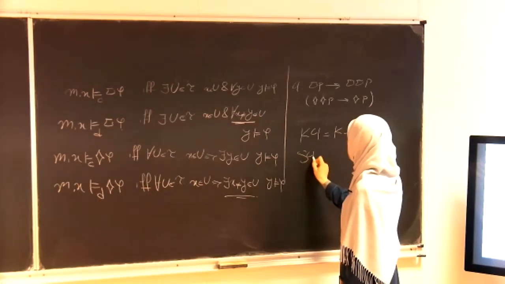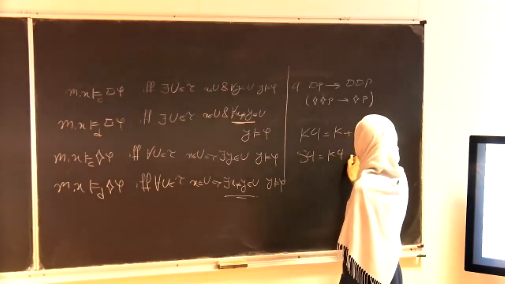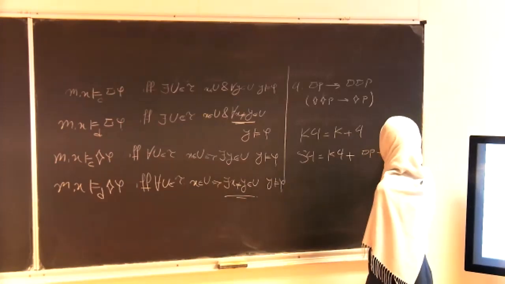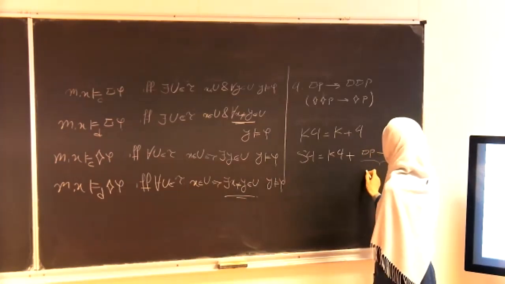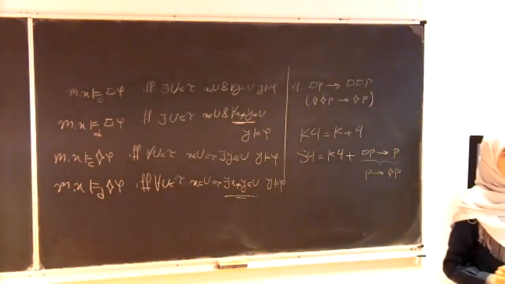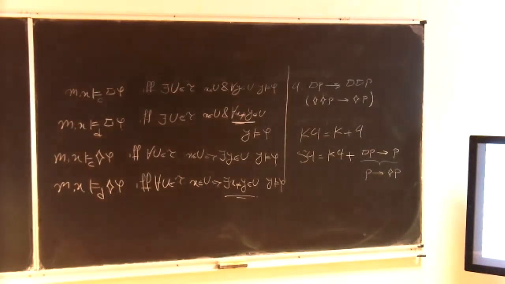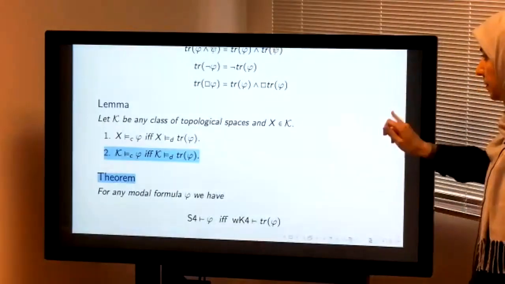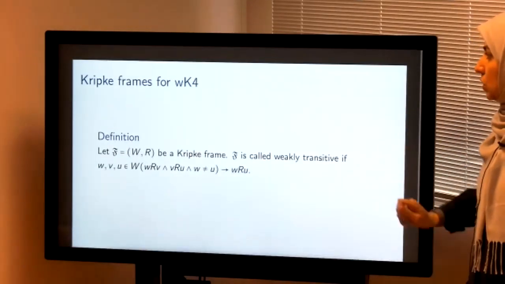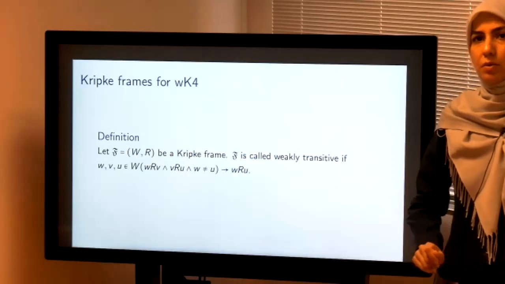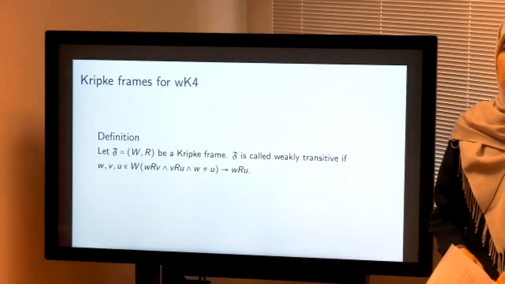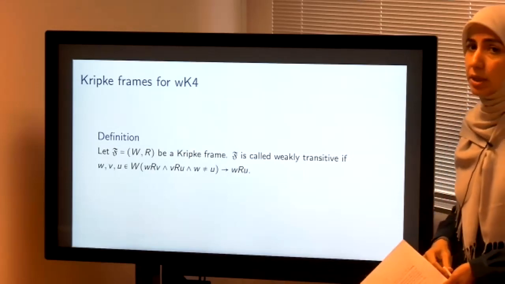And S4 is K4 plus the axiom box P then P, or equivalently P then diamond of P. So again, if we want to prove soundness and completeness, we are going to use the results from Kripke semantics.